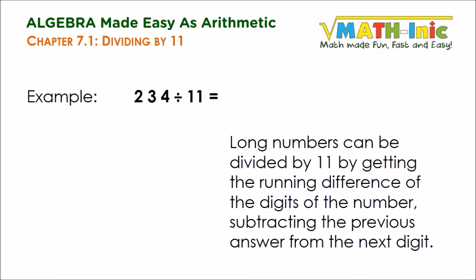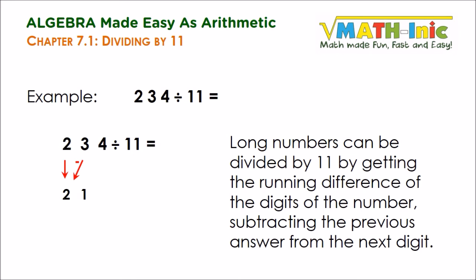Let's take a look at an example. 234 divided by 11. We bring down the first digit, 2. Then we subtract. 3 minus 2 is 1.